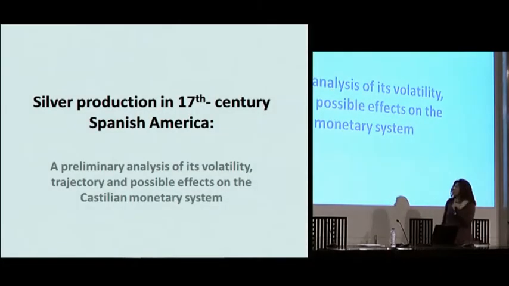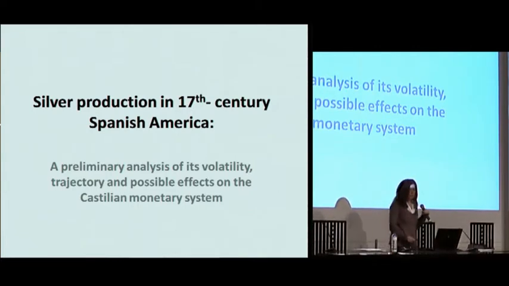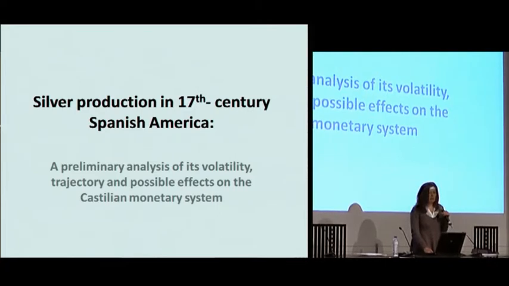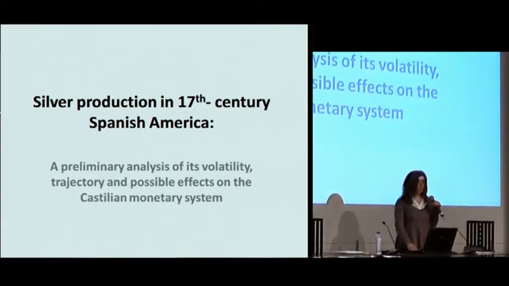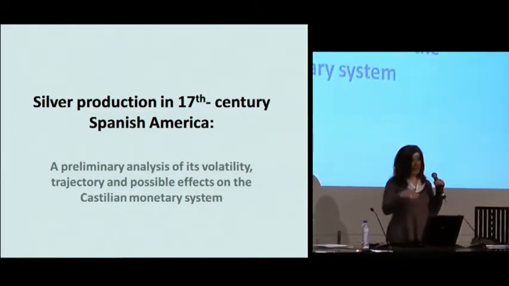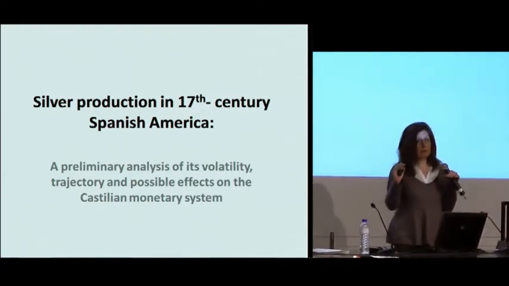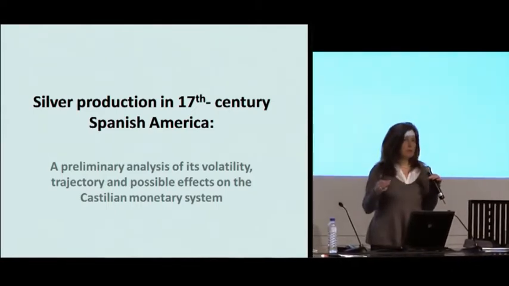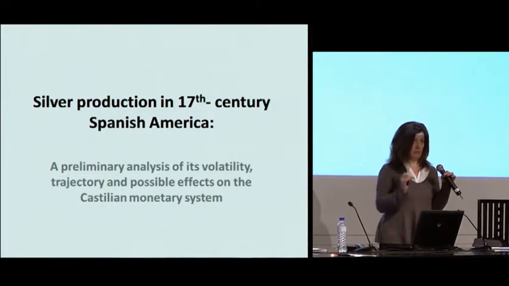Now, I'm going to talk about the silver production in 17th century Spanish America by taking into consideration not only the volumes that were produced and where they were sent as an aggregate, but also the regions where they were produced and where they were sent.